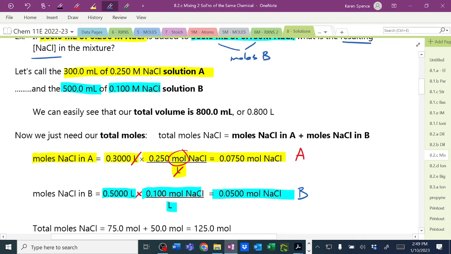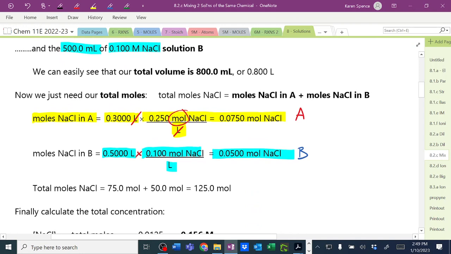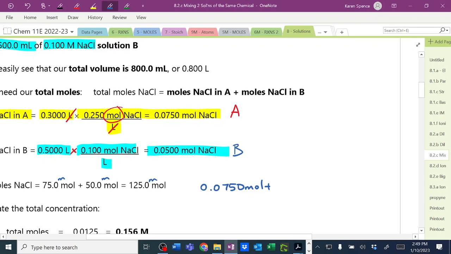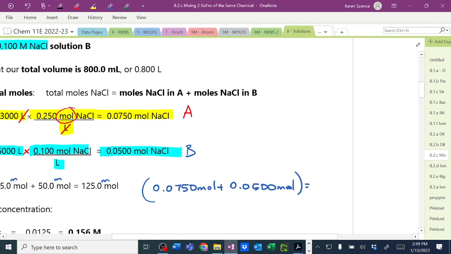Now, I don't know what I've done with this because I think I was working in millimoles. So let's just cross this out, okay? But really what we should be saying is 0.0750 moles plus 0.0500 moles is equal to 0.1250 moles of NaCl.